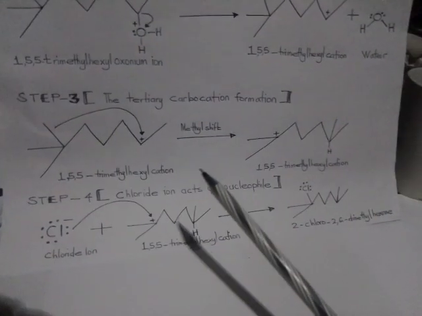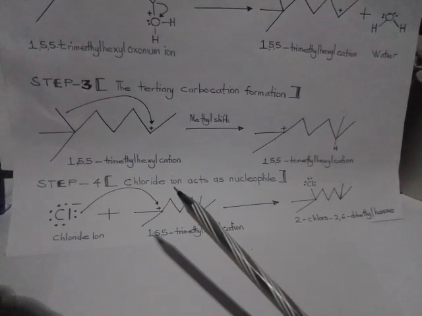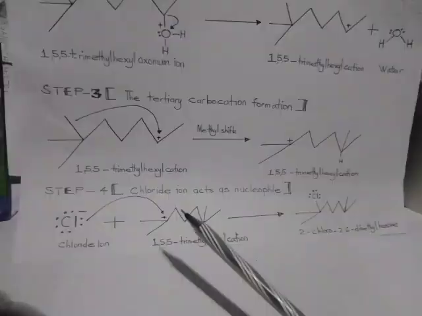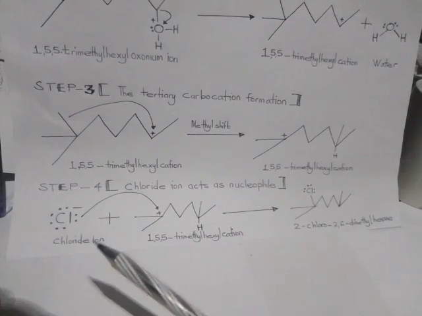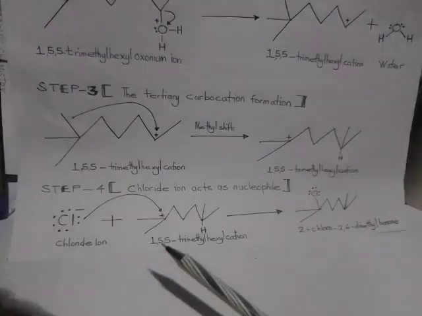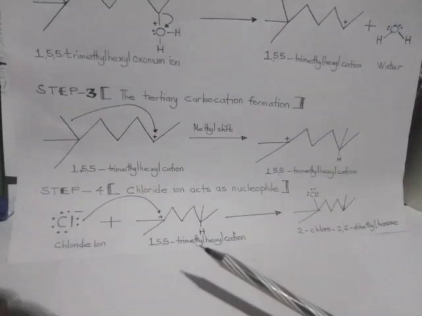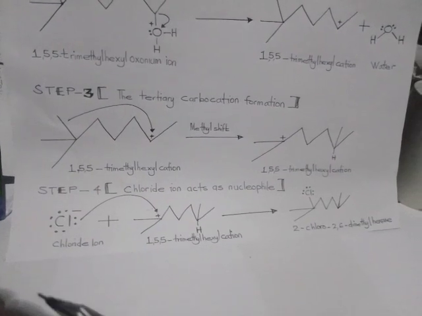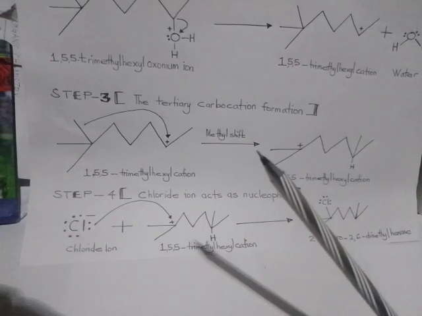So this is it, and this is the last step, which is the chloride ion's nucleophilic attack step. In this step, the chloride ion will serve as our nucleophile, and this 1,5,5 trimethyl hexyl cation will serve as our electrophile. So just from their names, we can also categorize them as either Lewis acid or Lewis base.